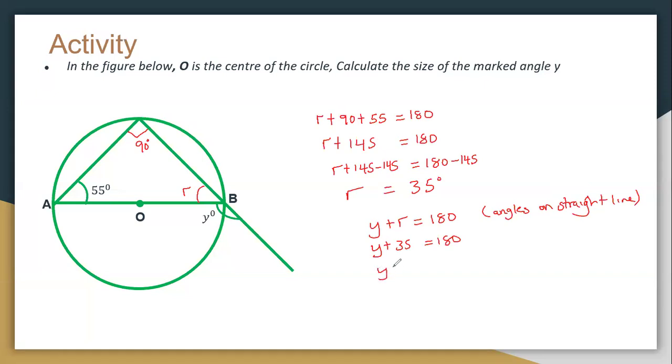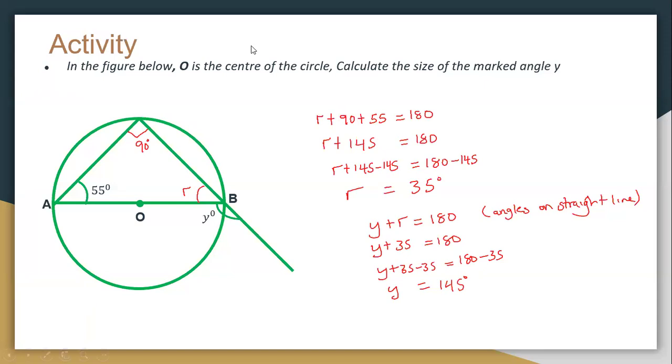Y plus 35 minus 35 equals 180 minus 35. Y equals 145. Thank you so much. Let me hope everyone is getting that. Yes, that is correct.